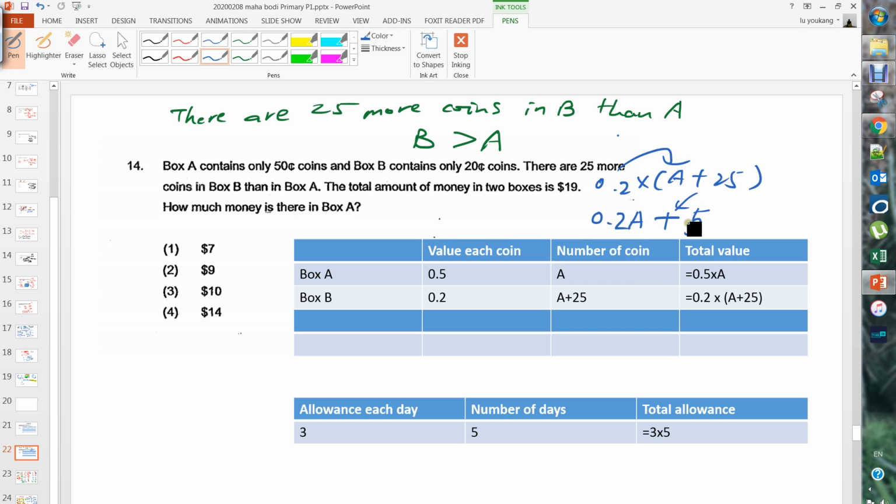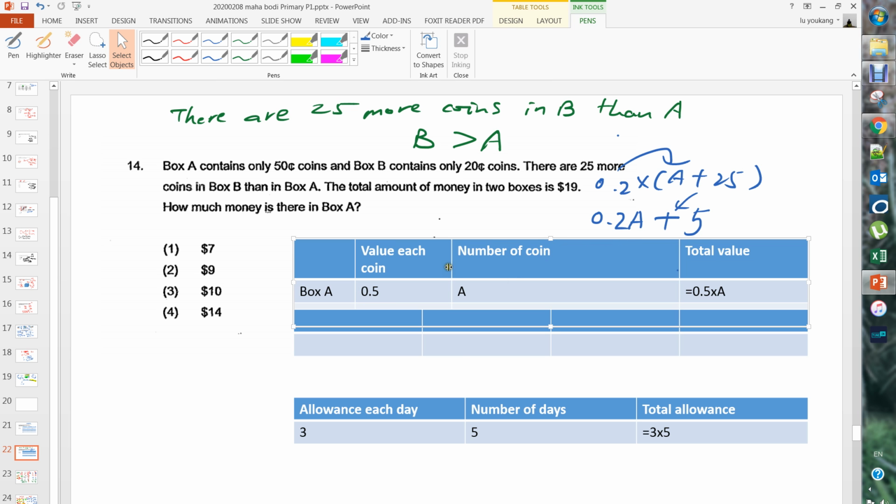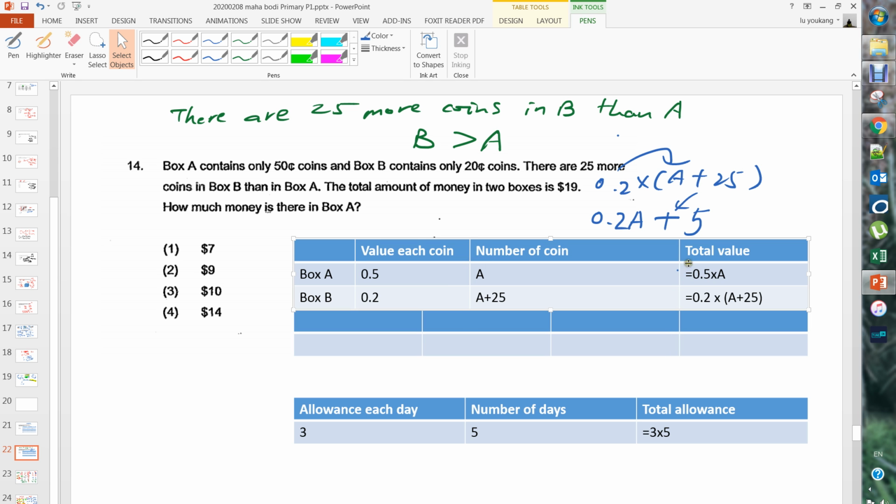Okay, so that means this one is simplified to 0.2 A and what? Plus 5. Very good. So that means this one is your operation, this one is the value.